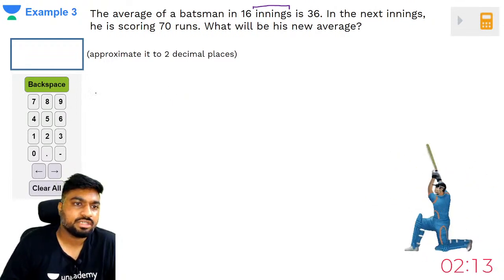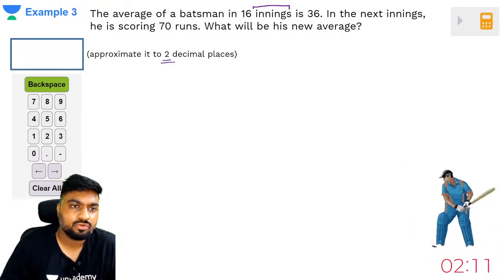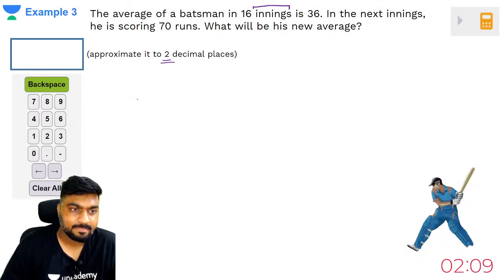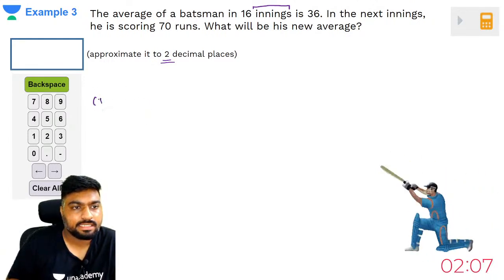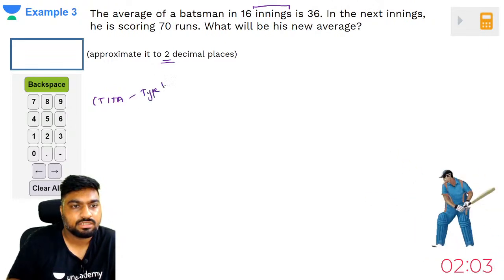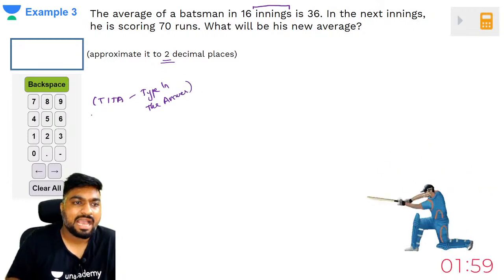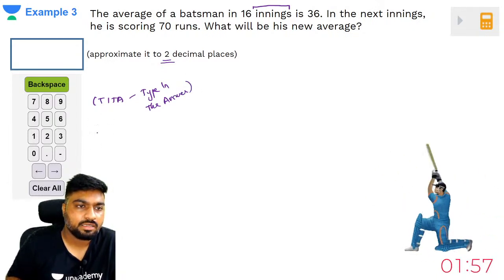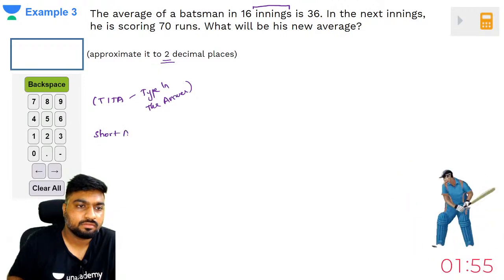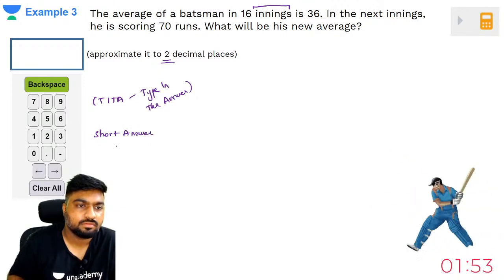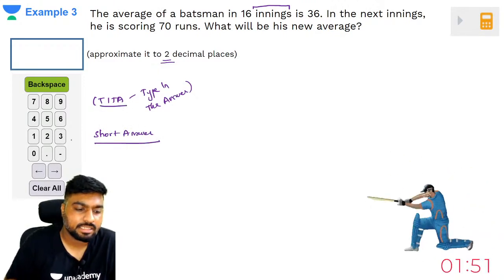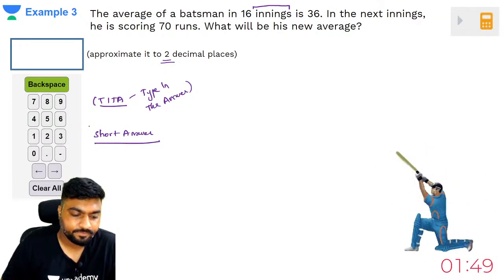We want the solution for this approximated to two decimal places. This kind of a question is called theta. Type in the answer. For IPMAT aspirants, it's called short answer. Short answer questions or theta questions. Okay.